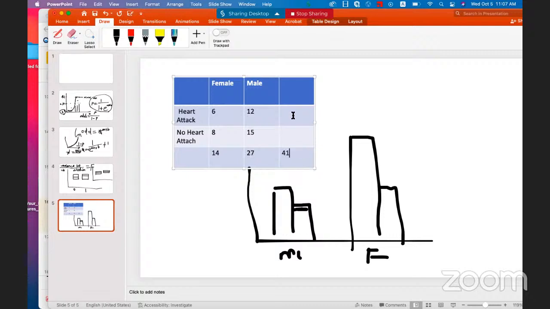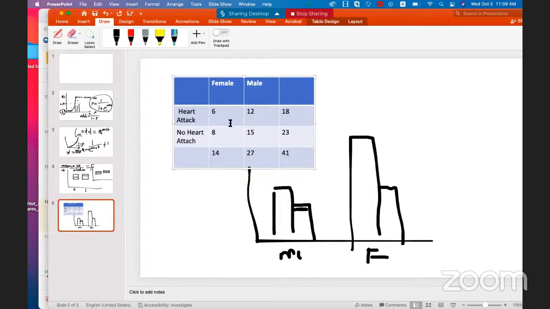Within this total, the entire group, how many had a heart attack? 18 people had a heart attack. And then no heart attack should be 23. If there's no significance between these two groups, they should keep the same proportion, the same ratio, if they have no significant difference.